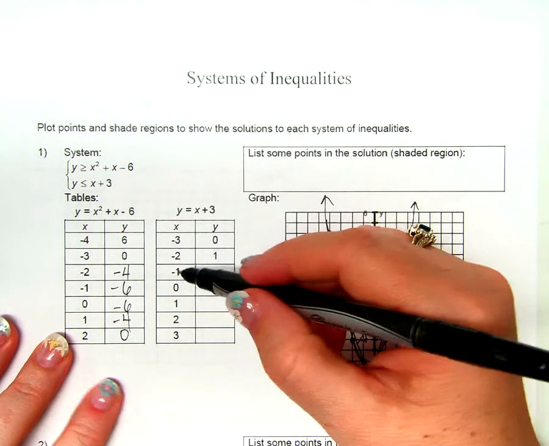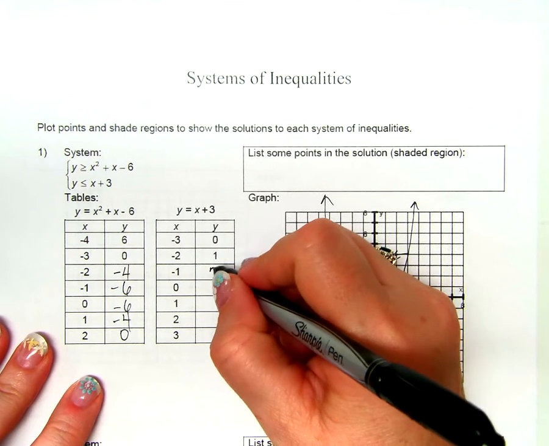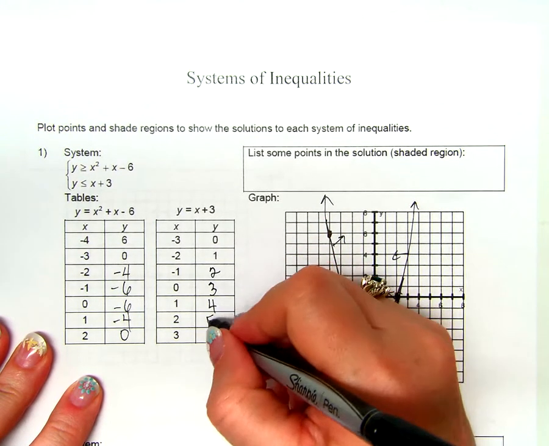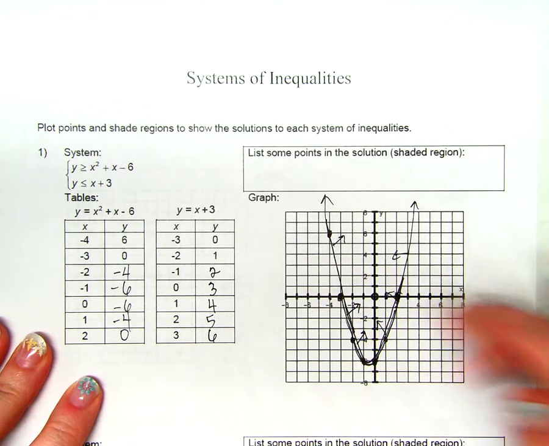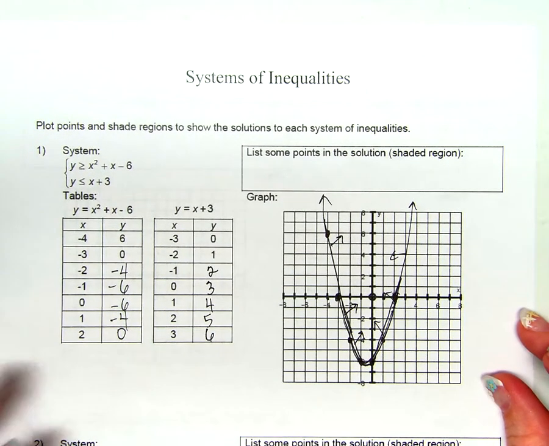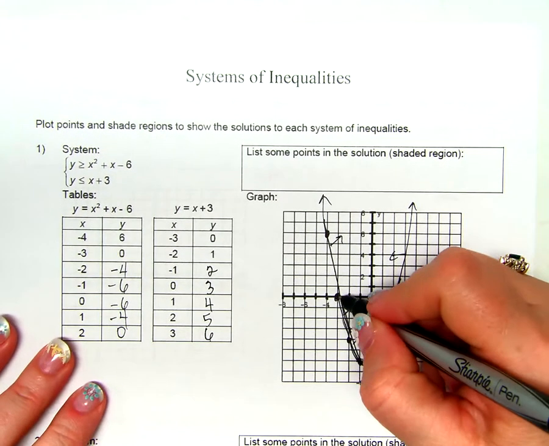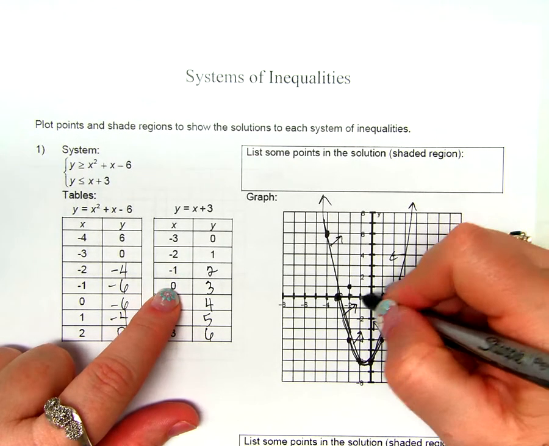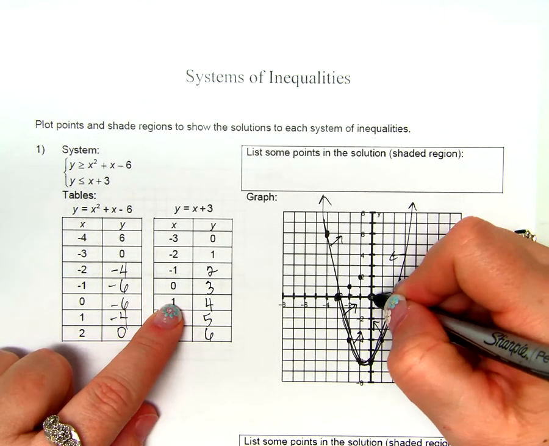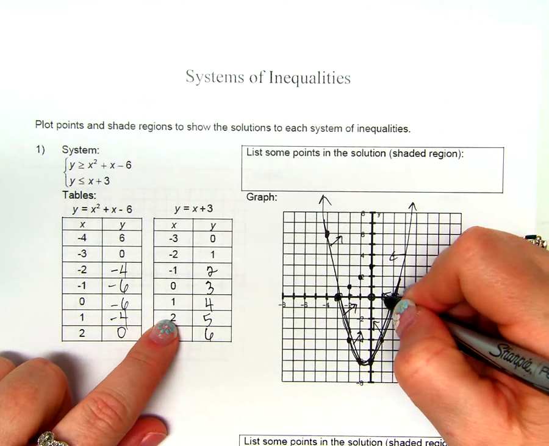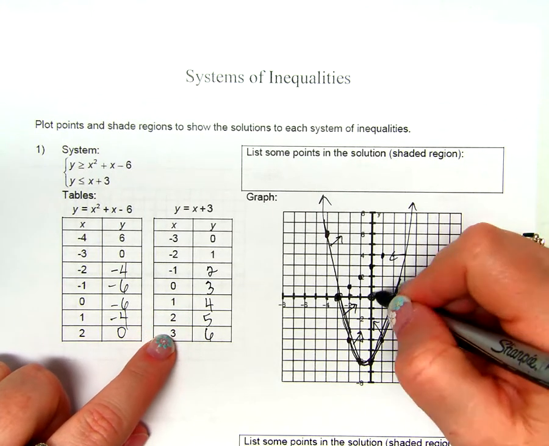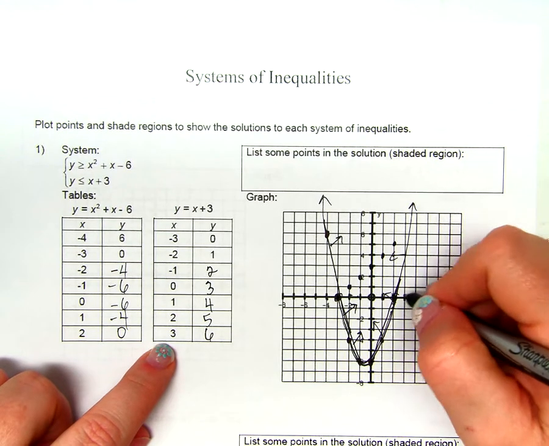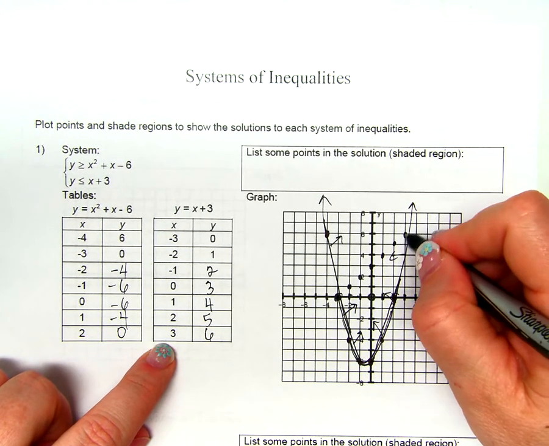No. Negative 1 plus 3, 0 plus 3, 1 plus 3, 2 plus 3, 3 plus 3. That was pretty easy, wasn't it? So negative 3, 0. Negative 2, 1. Negative 1, 2. 0, 3. 1, 4. 2, 5. And 3, 6.